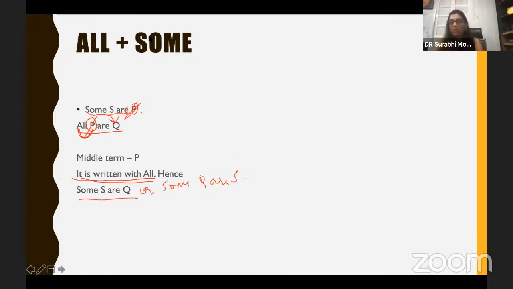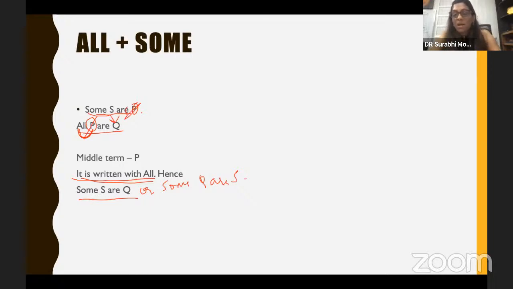It's very simple. Whatever is written with some doesn't matter. You just have to see that the middle term in the all statement is written with all. It is the subject of all. Right? And when that is so, then you eliminate it.